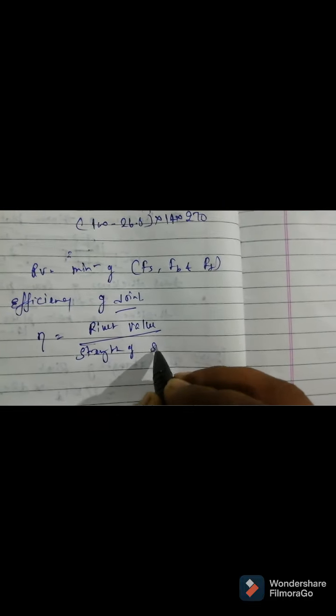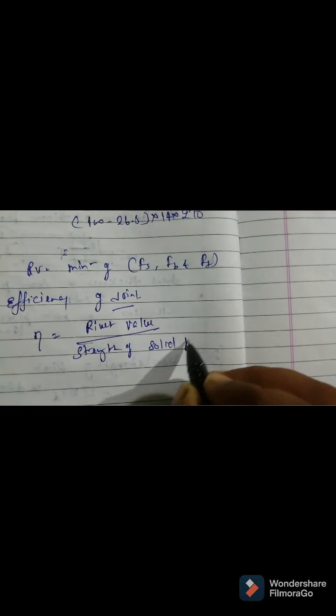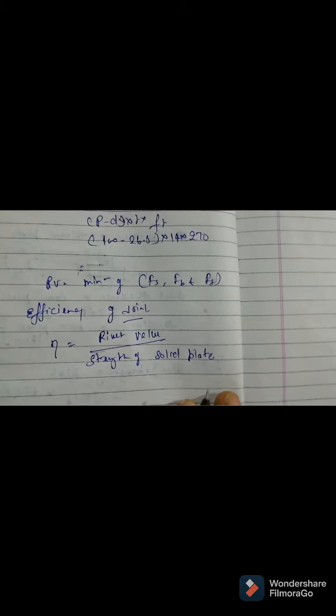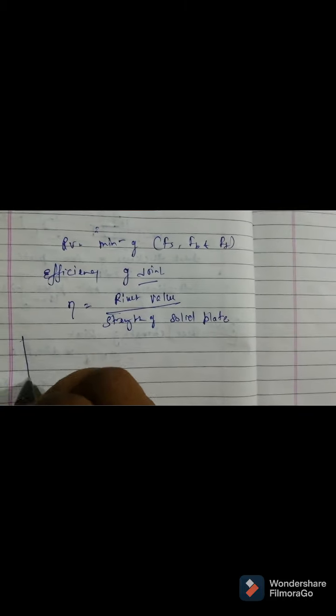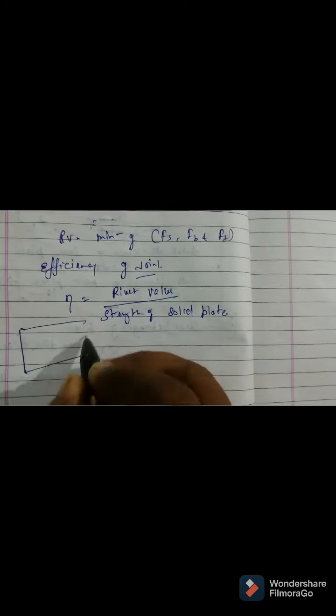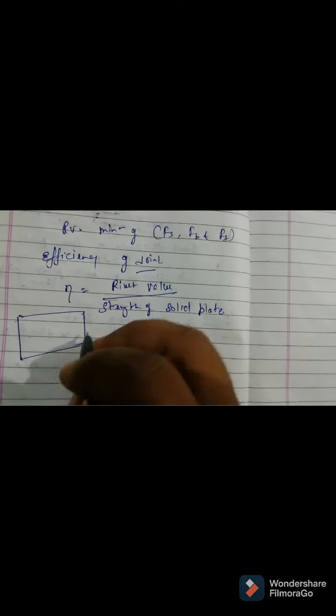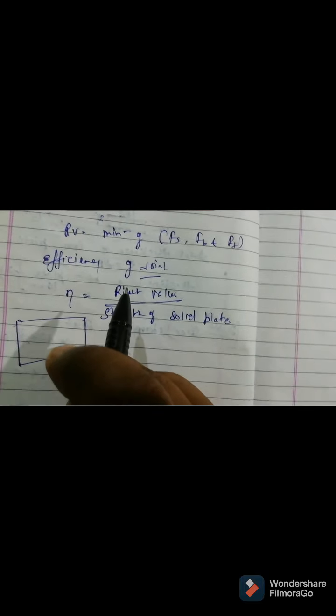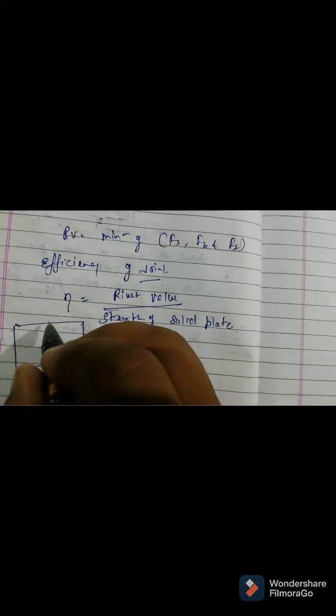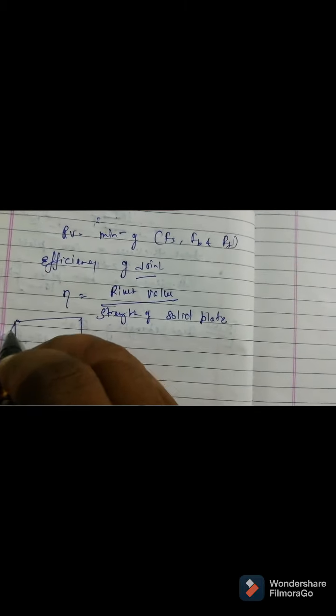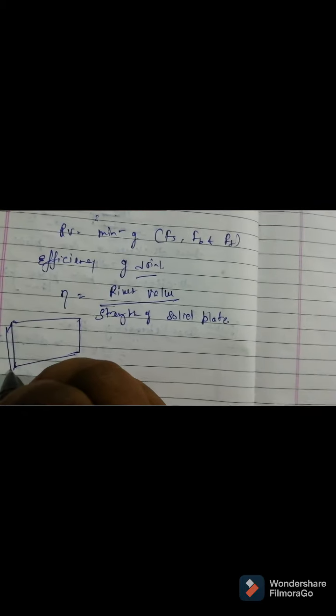Solid plate means without holes. Here this is your plate, without holes, so if you are going to find the tension strength for this plate, no rivets are applied, there is only plate. So now for the plate there is tension.